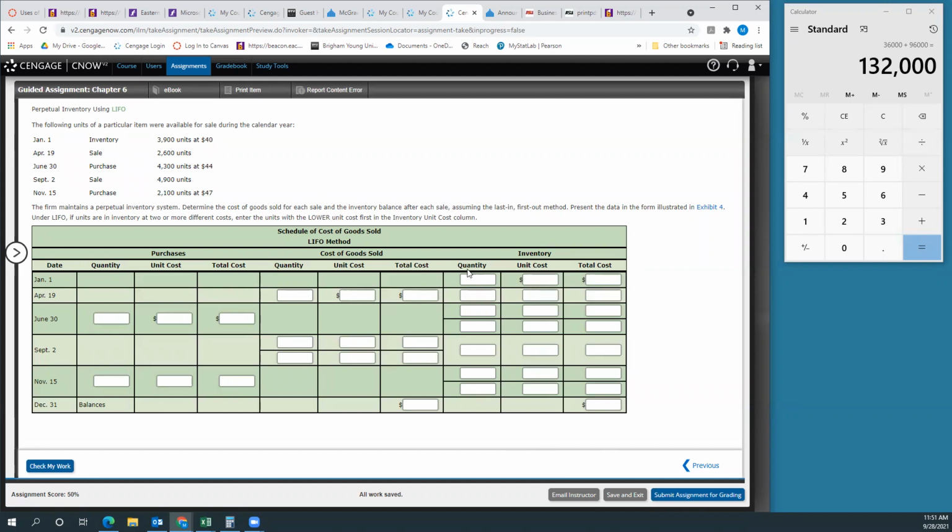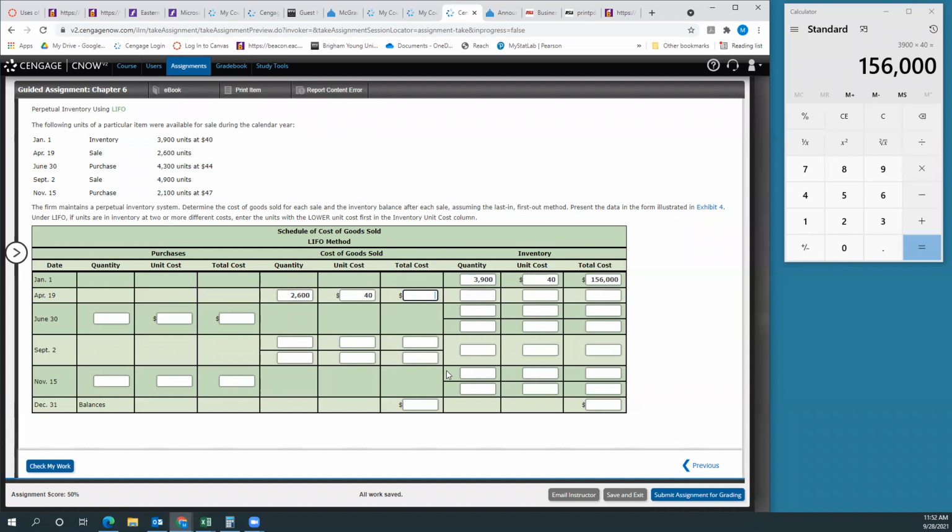So again, we have our starting inventory, 3,900 units at $40 per unit. So the total cost is 156,000. Then we have a sale of 2,600 units. Again, no question of the cost because these are the only units we have.